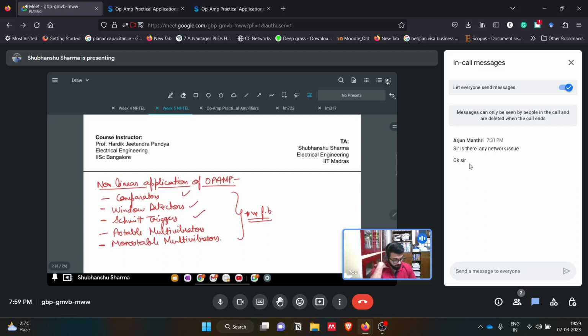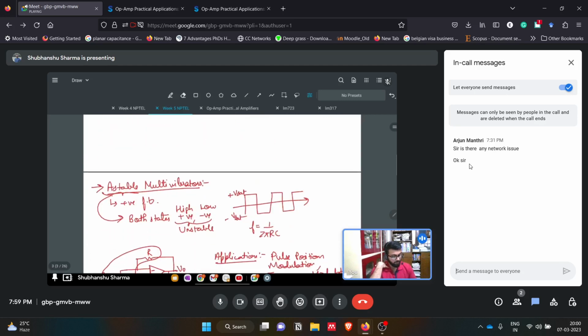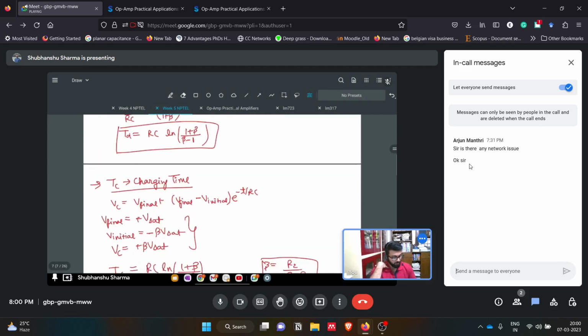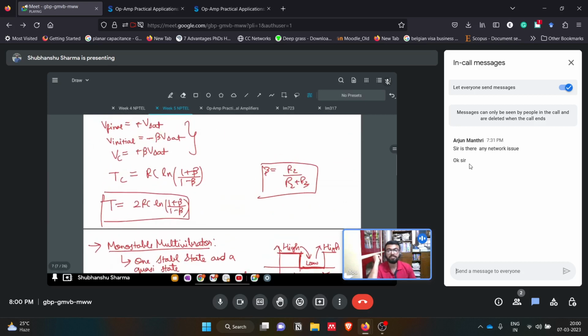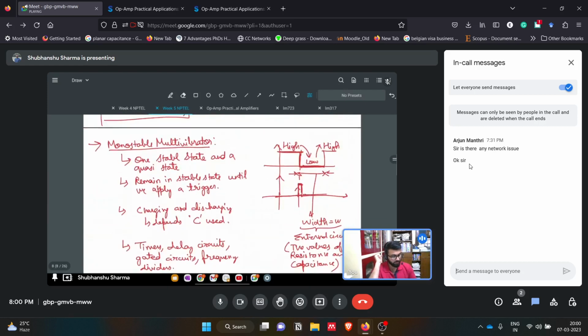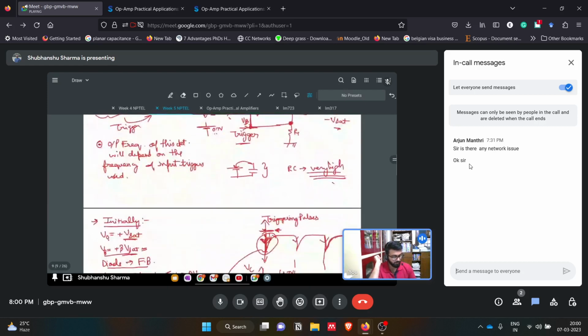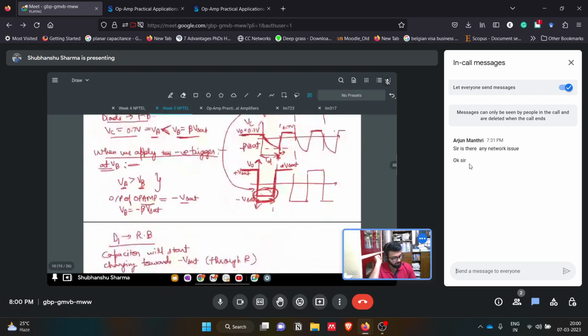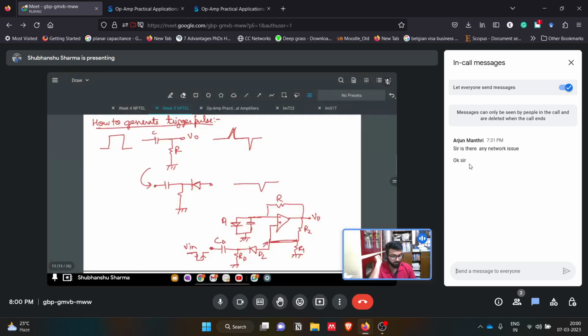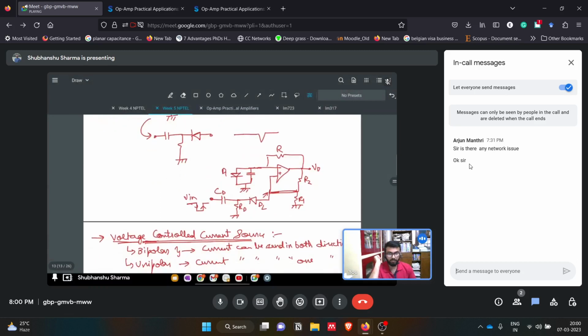This week, week 5, we saw astable multivibrators and monostable multivibrators, their applications and functioning, and how to derive the charging and discharging time period of these multivibrators. We also saw how to generate the trigger pulse in the monostable multivibrator.